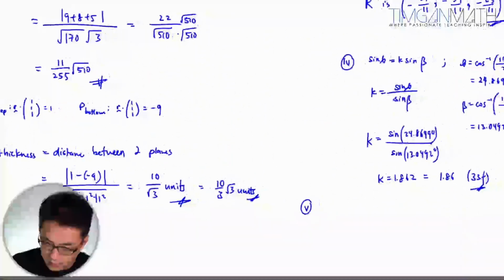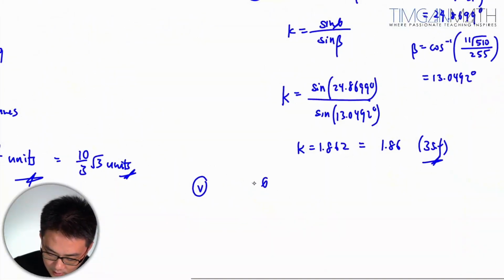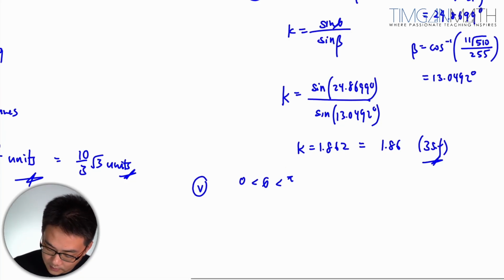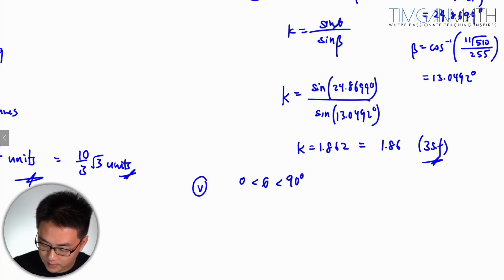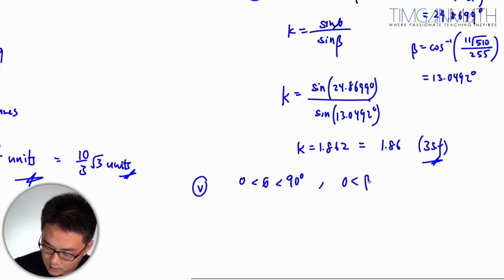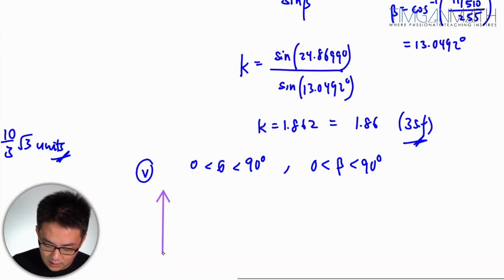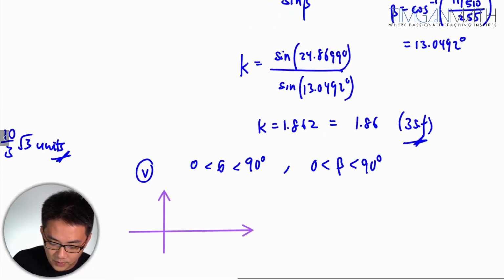So theta and beta are between 0 and pi over 2, or rather 90 degrees. Between 0 and 90 degrees, sine happens to be an increasing function.